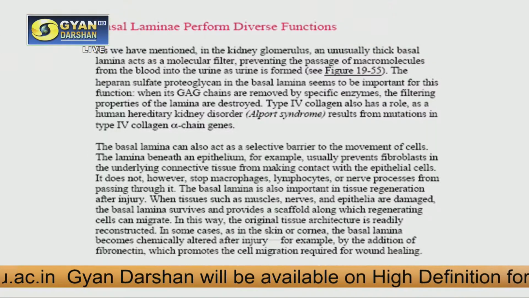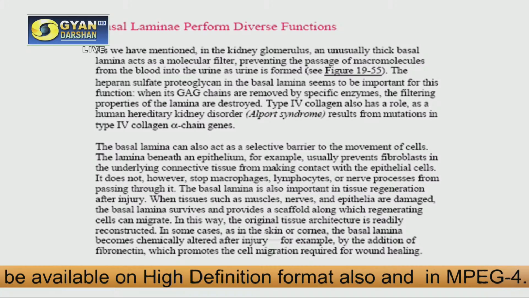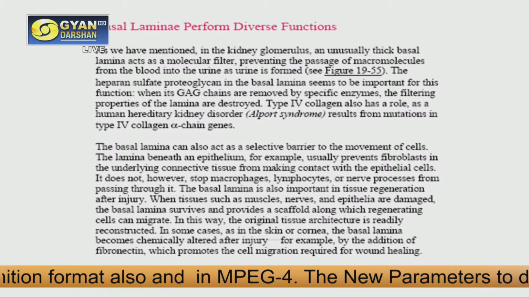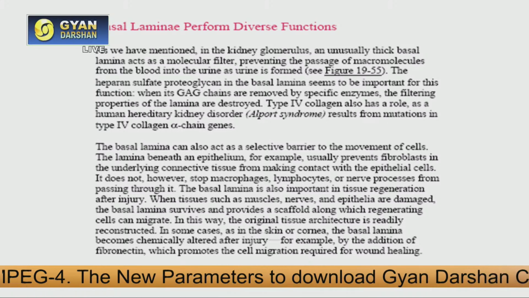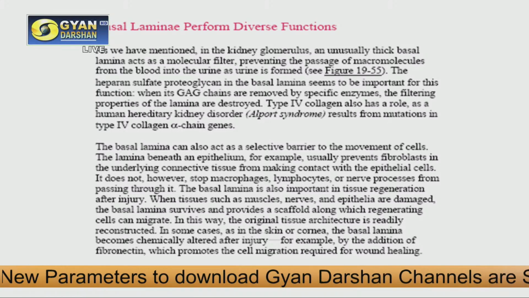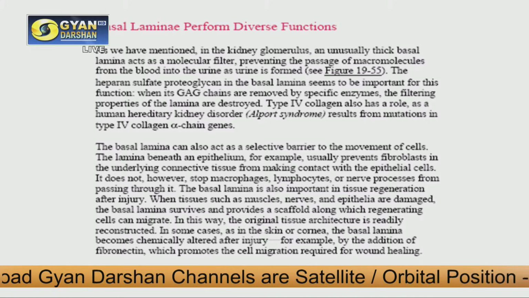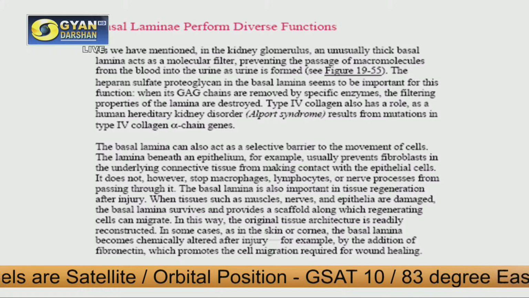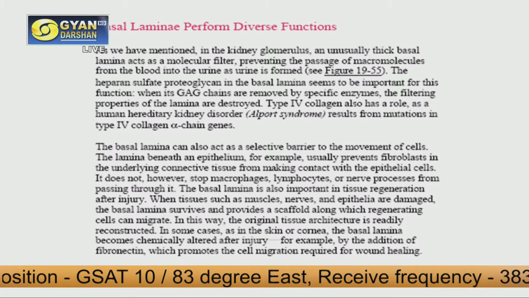Then there is one kidney disorder, Alport syndrome. What is this Alport syndrome? It is a human hereditary kidney disorder. Here, type 4 collagen also has a role, as this disorder results from mutation in type 4 collagen alpha chain genes.